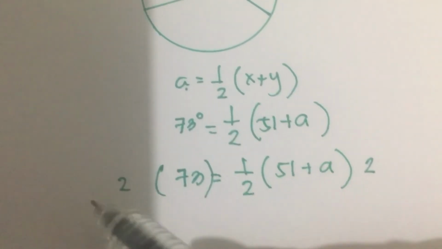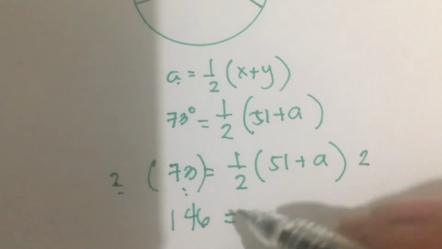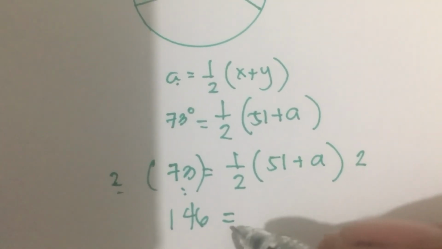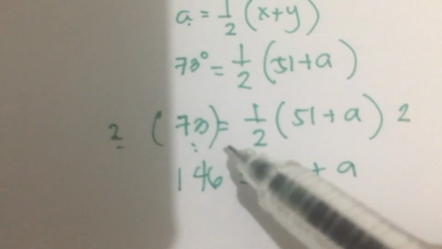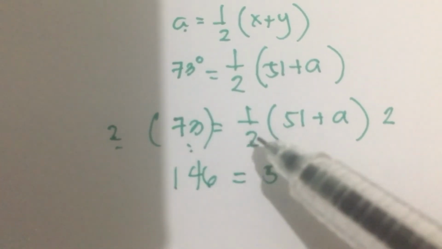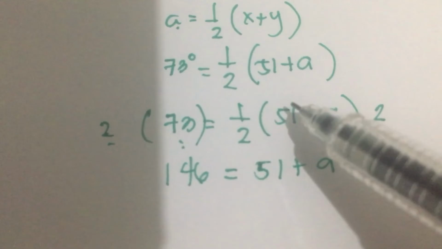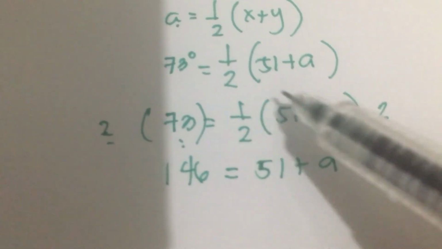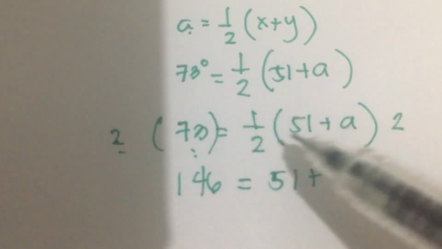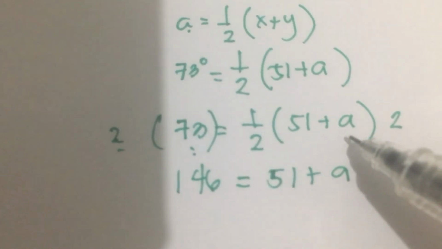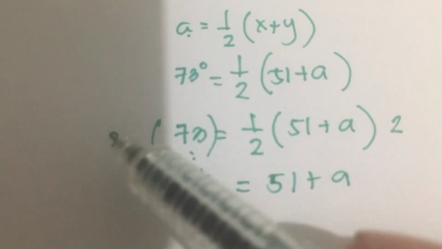Therefore, 2 times 73 gives you 146, equals 2 times 1/2, which gives you 1, so what remains is 51 plus A. Again, if you have 73 equals 1/2 times 51 plus A, simplifying by distributing 1/2 times 51 and 1/2 times A is difficult, because the 1/2 of A is hard to simplify. So, to avoid difficulty, you just multiply both sides by 2.